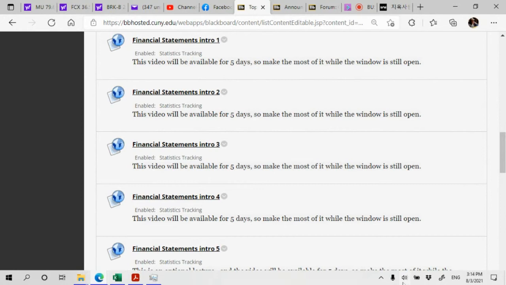The purpose of the collaborate session was to take questions. If you study according to this schedule, then some people will have questions, and I'm giving this chance to ask questions through the collaborate session, right?